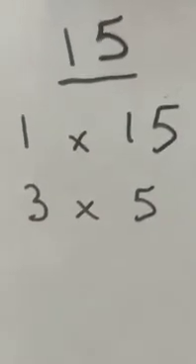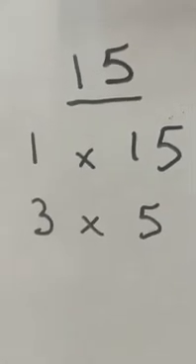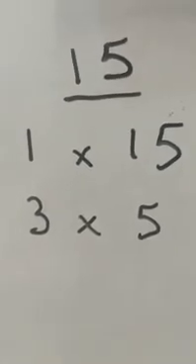If you look at 15, start off with 1 times 15 makes 15, and 3 times 5 makes 15. And there are no more factors that make 15. So 15 has 4 factors.